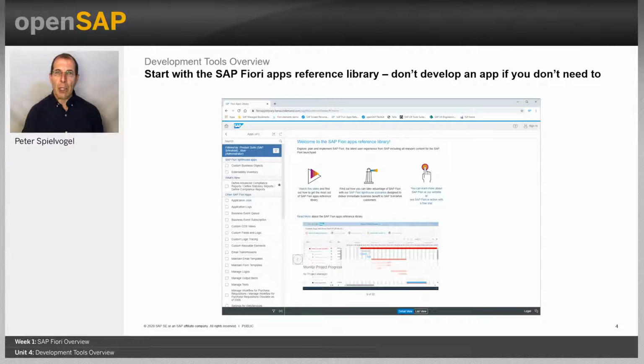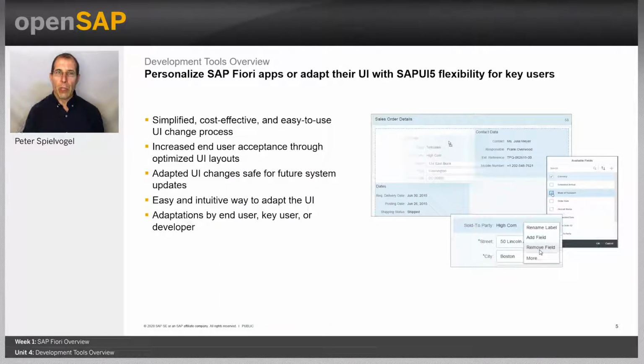If one of these apps that you download doesn't meet your needs, we have tools that allow you to modify them to do exactly what you want. For simple changes, SAP UI5 for key users provides a non-coding option where a key user can hide fields or move information around on the screen.